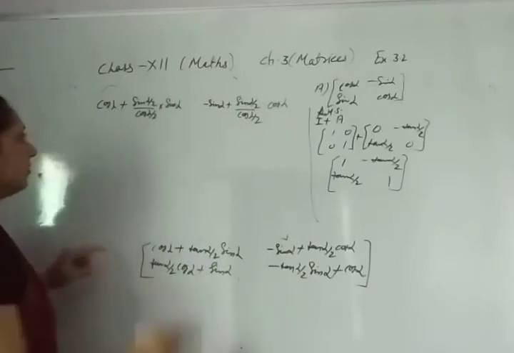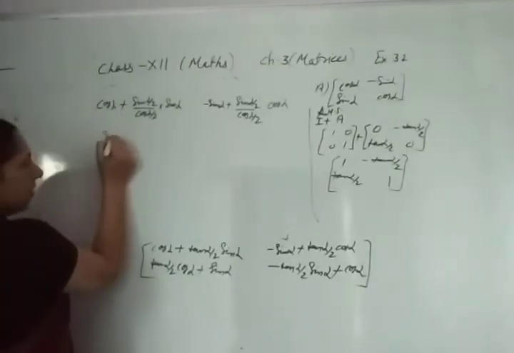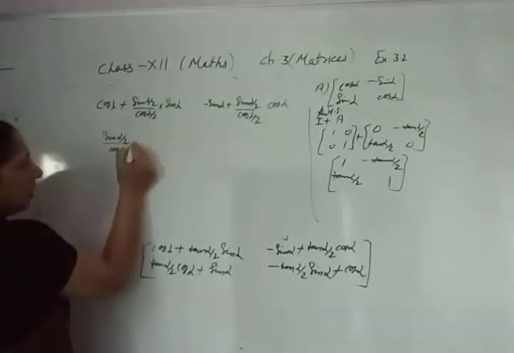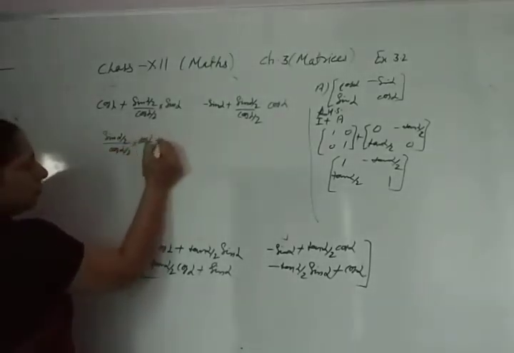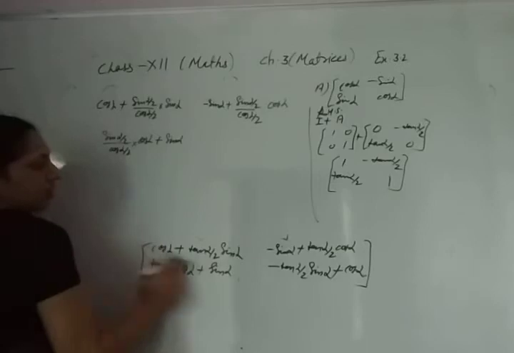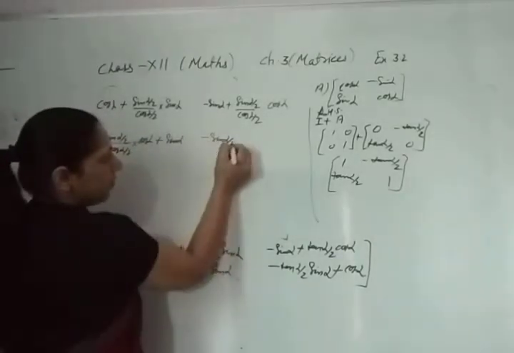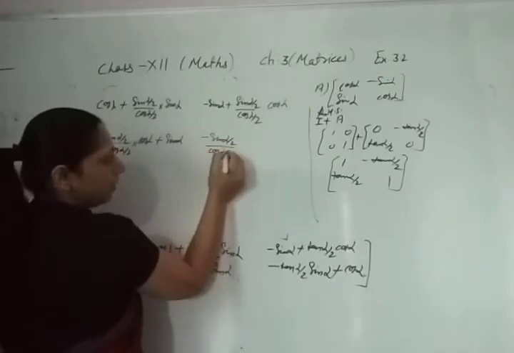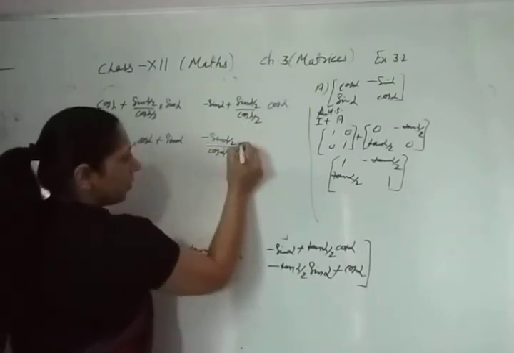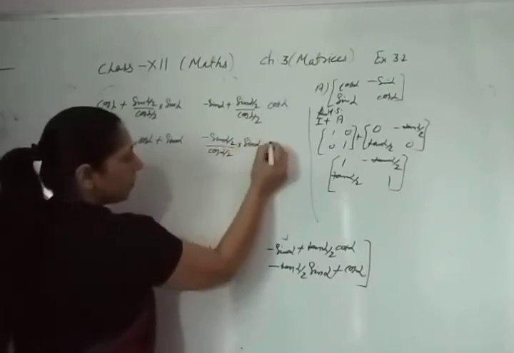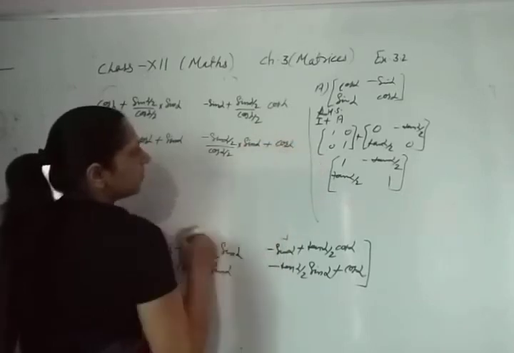Now next one is sin alpha by 2 upon cos alpha by 2 into cos alpha plus sin alpha. And the last one is minus sin alpha by 2 upon cos alpha by 2 into sin alpha plus cos alpha.